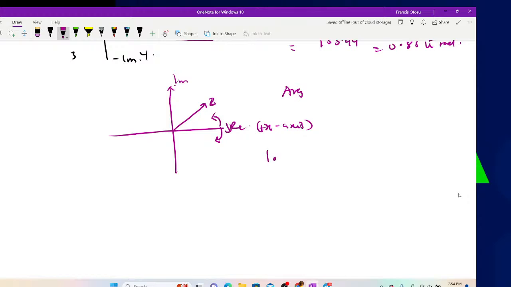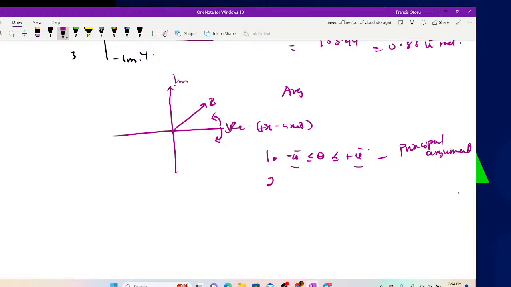The first convention I'm talking about is the convention where theta is between negative pi and positive pi. So whenever you are dealing with arguments, if you are applying the first convention, you make sure that your theta is always lying between negative pi and pi. This is what we call the principal argument.